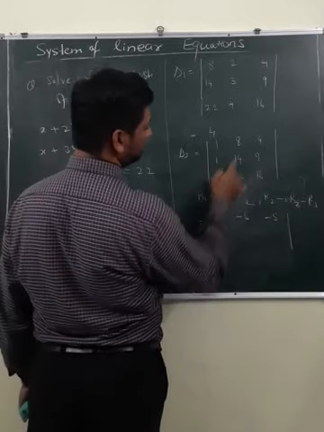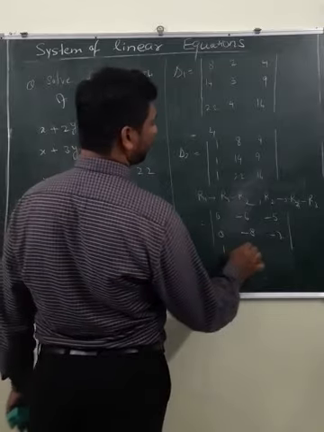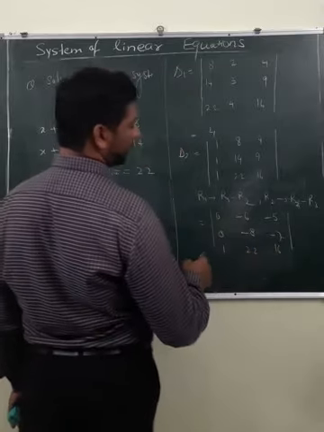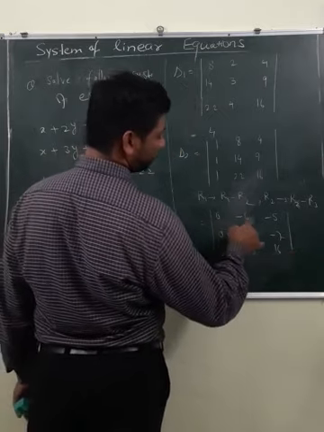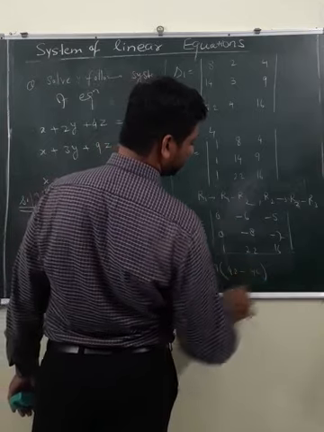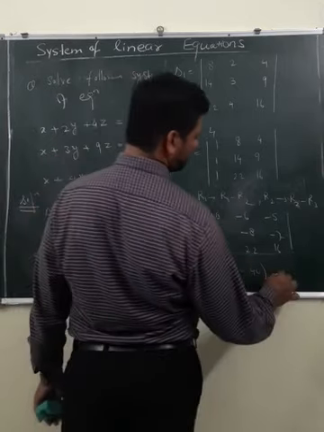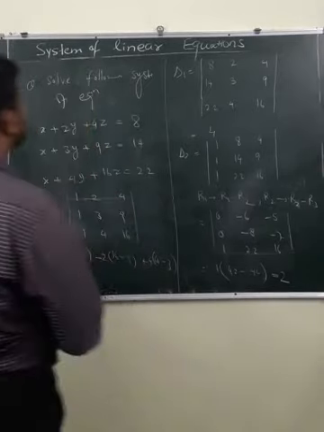Here 0, minus 8, minus 7, 1, 22, 16. I can expand from the first column, and 1 into 42 minus 40. That means 2. Similarly, just do the calculation.